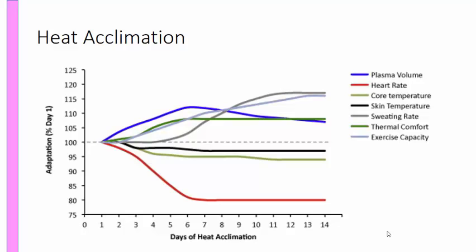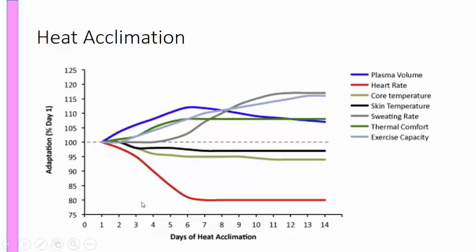I did a heat acclimation study at my old school, and my subjects had to walk in a heat chamber, which was about 105 degrees Fahrenheit, for an hour and a half for 8 days in a row, and then we considered them heat acclimated. So you can do it in the lab or just naturally by moving somewhere that is really hot.